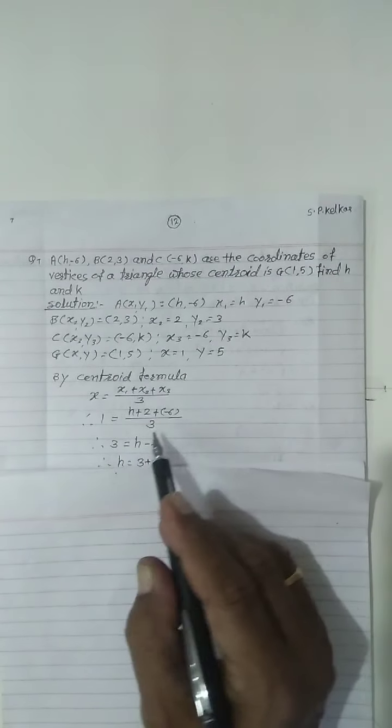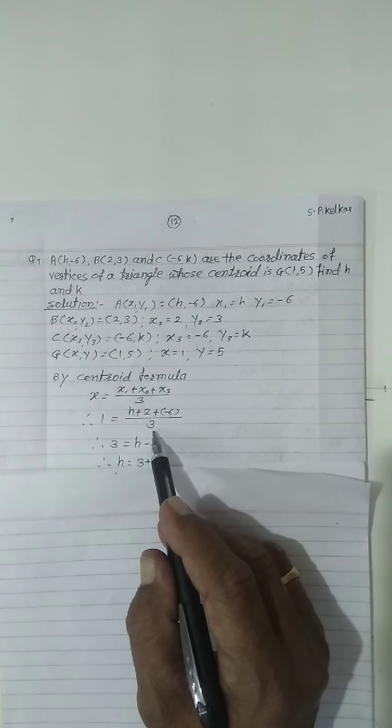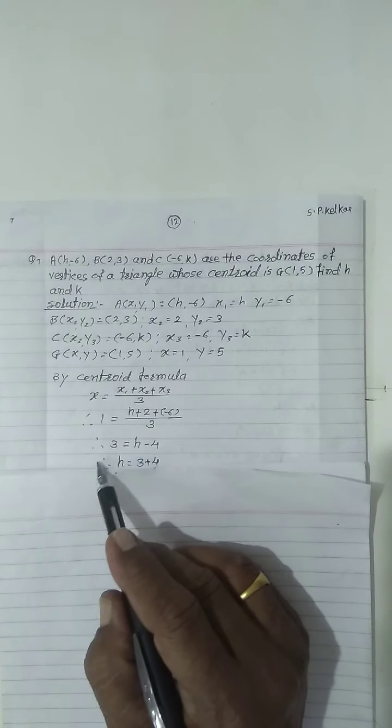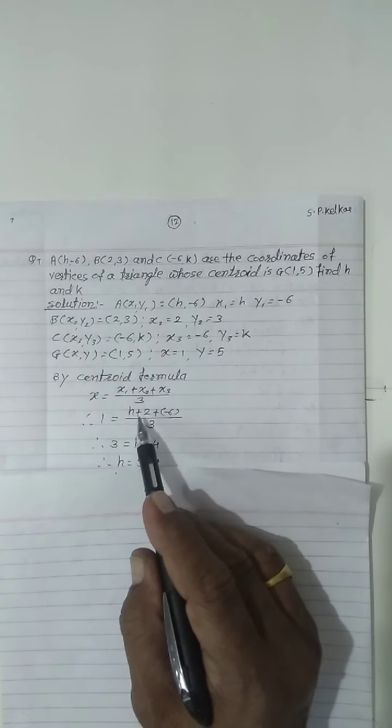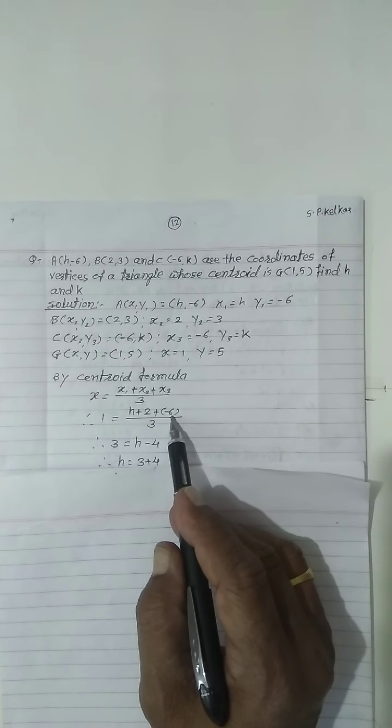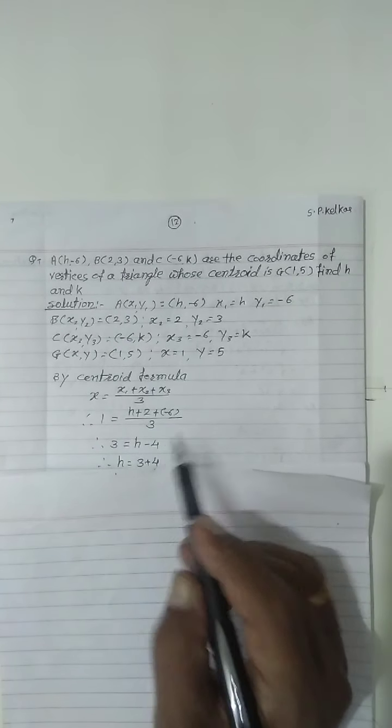Then this 3 goes to the left side and multiplies, 1 into 3, that is 3. Then h, so 2 minus 6 means we get -4, h minus 4.